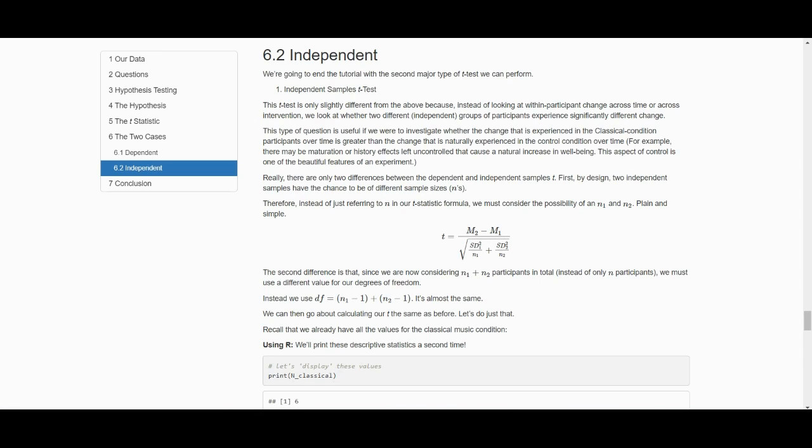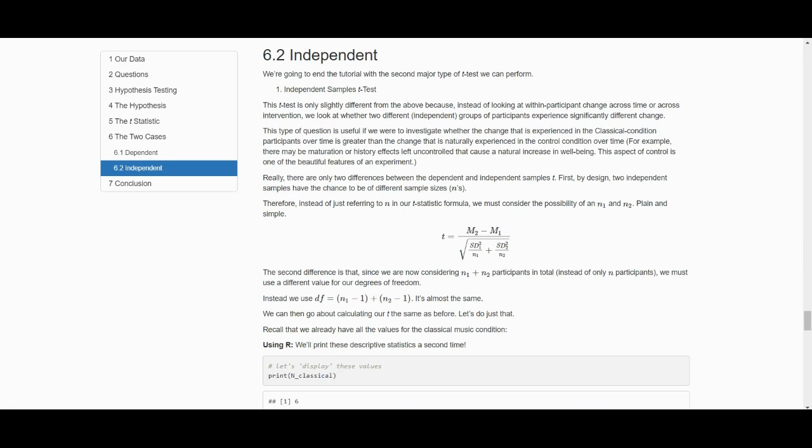Because if you don't consider changes in the control group and only focus on changes in one of the experimental groups, as we did above, we're leaving these maturation and history effects uncontrolled. That is to say, we're not checking to see whether there's just a natural increase in well-being across the week. This aspect of control is one of the beautiful features of an experiment.